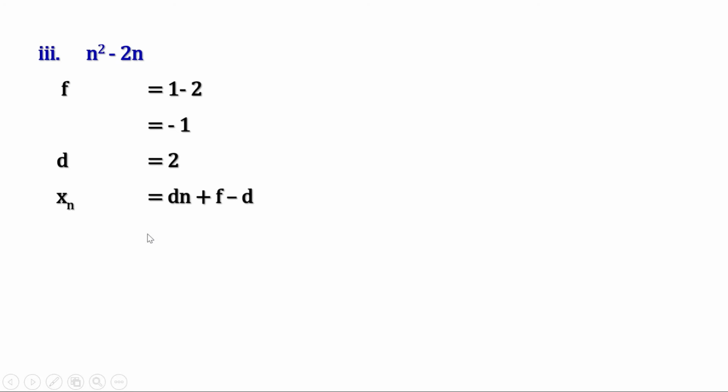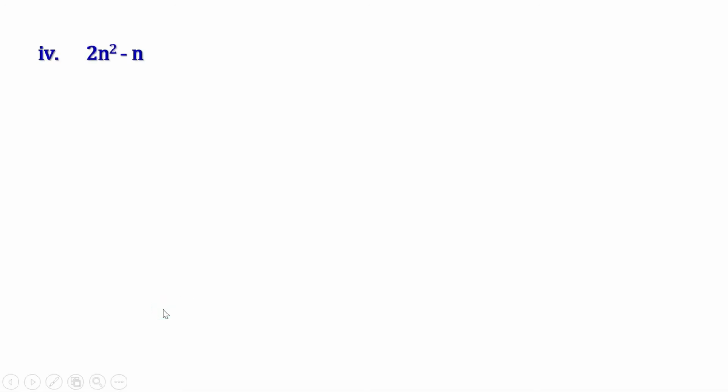And the third part, n square minus 2n. First term is 1 minus 2, that's equal to minus 1. Common difference is 2 times 1, that's equal to 2. Now the nth term is dn plus f minus d, that is 2n plus minus 1 minus 2. Minus 1 minus 2 is minus 3, so we can write it as 2n minus 3.